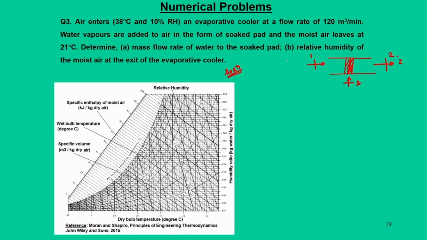The entry state DBT is 38 degree centigrade, RH 10%. So, 38 degree centigrade is somewhere here, RH 10% is this point. So, point 1 is located.